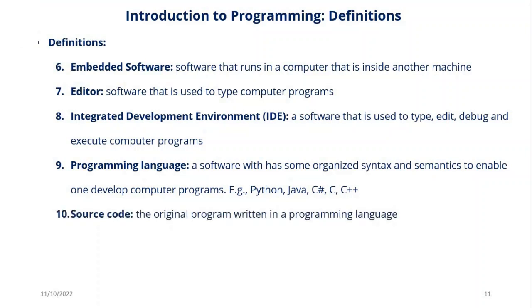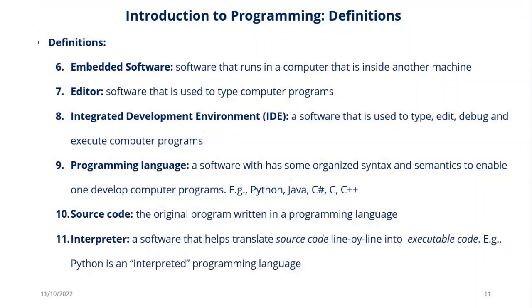Source code is the original program written in a programming language. Either you write the source code on paper or you type it in an editor and store it. The program has not been executed in its raw form. It is called source code. An interpreter is a software that helps to translate source code line by line into executable code.